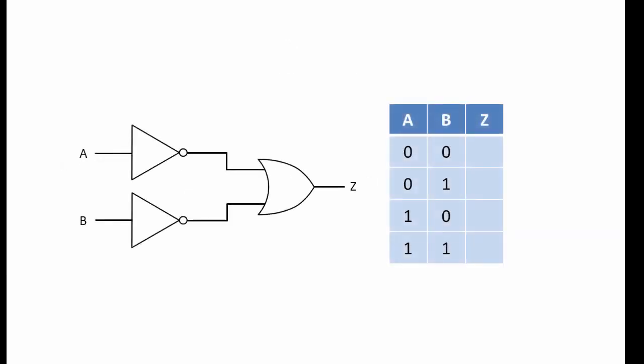Here's an example involving 3 logic gates. Values of A and B are being passed through NOT gates before being combined through an OR gate.